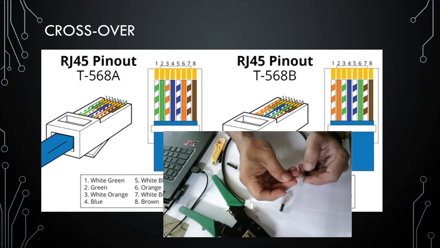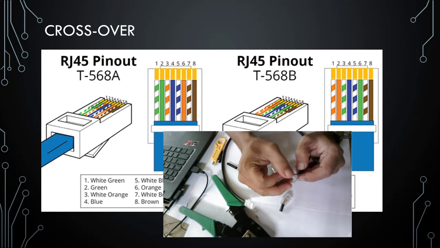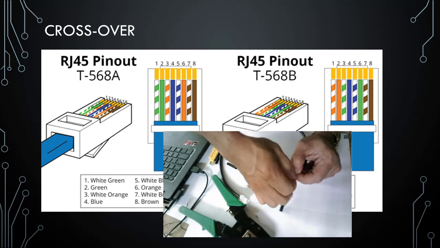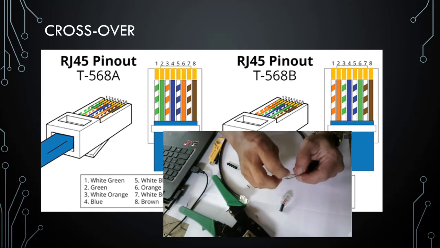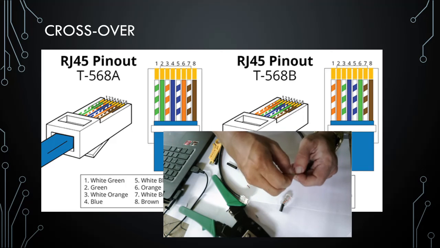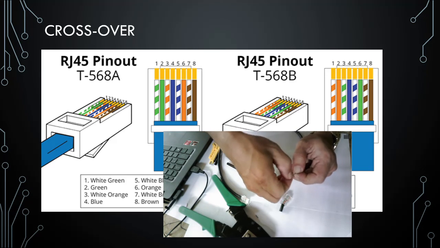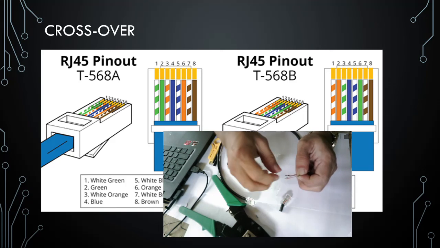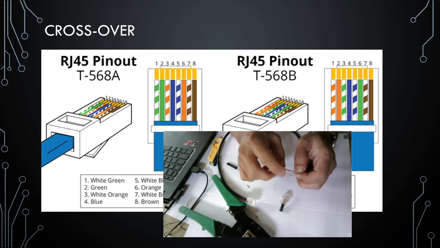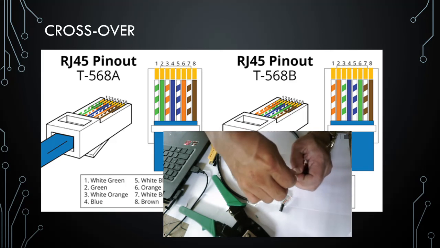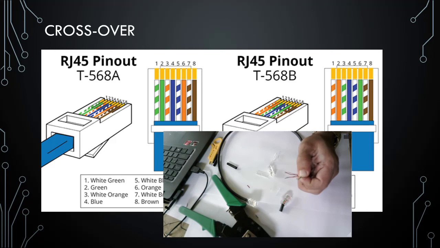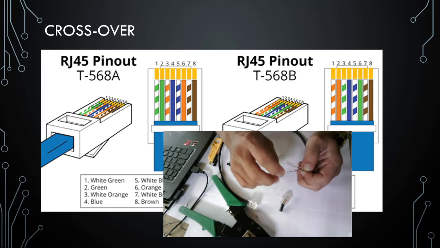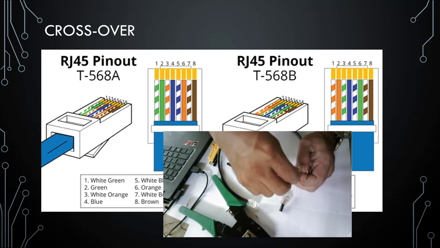So where is white green? White green, this one. Okay, white green. Then next sa white green is green. Okay, green. Then next sa green is white orange. White orange, this one. White orange. Then blue, white blue. So blue.